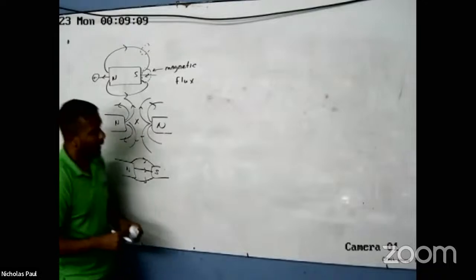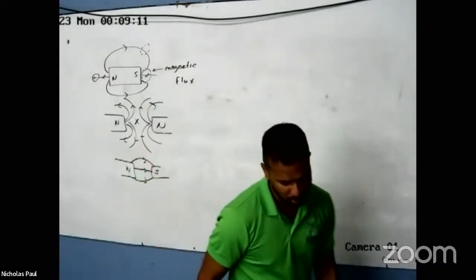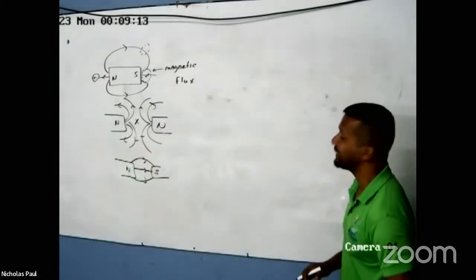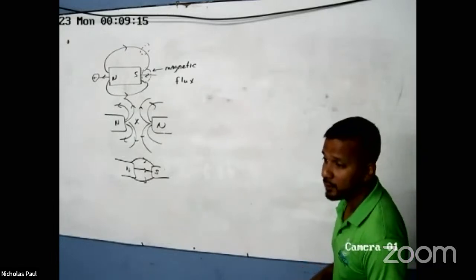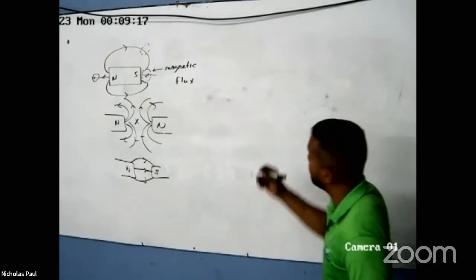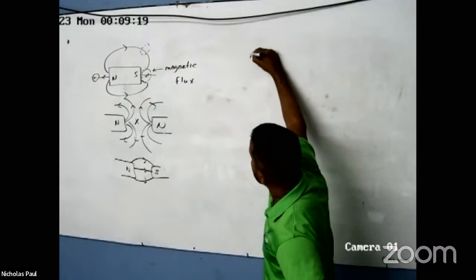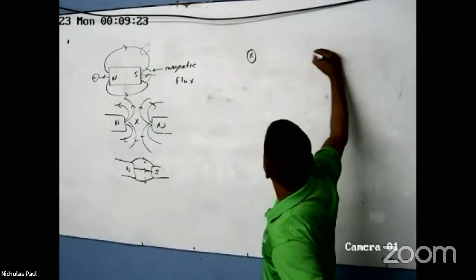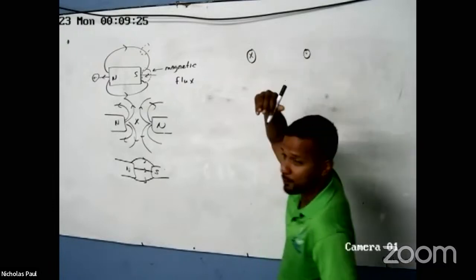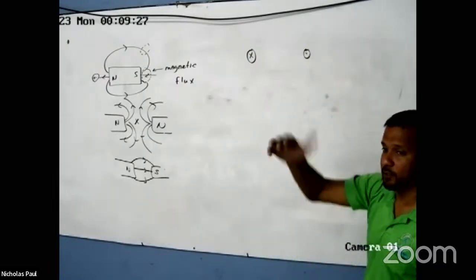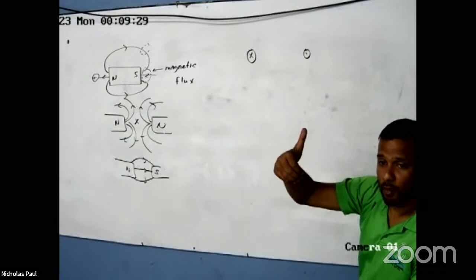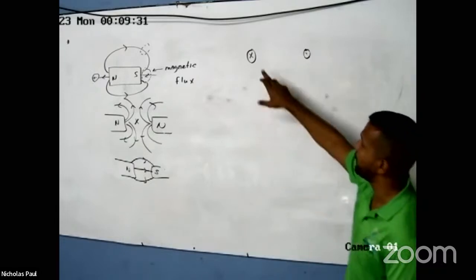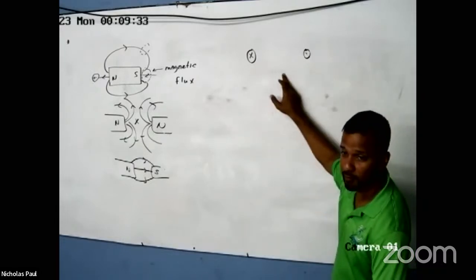Right? Next thing that we need to know, if you have a current carrying conductor, something carrying current in it, let's say you have current going into the whiteboard, or current coming out of the whiteboard, then you could use the right-hand rule to determine the magnetic field lines around it.